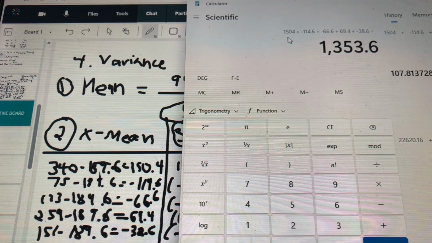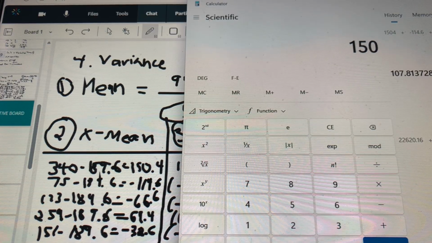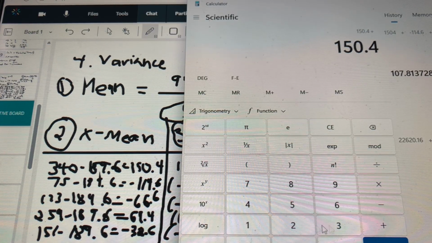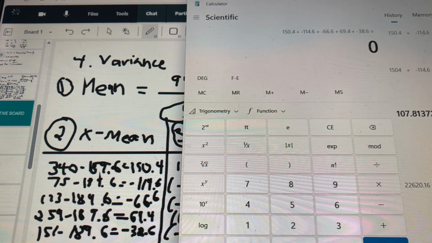Oh, I didn't type that right. I typed 1504 rather than 150.4. Try it again. 150.4 plus negative 114.6 plus negative 66.6 plus 69.4 and plus negative 38.6. See, that's how I knew I typed it wrong.